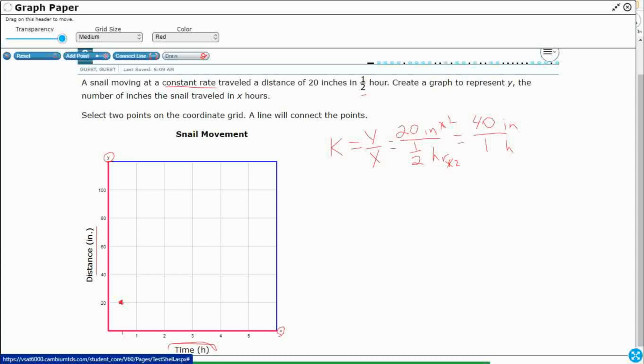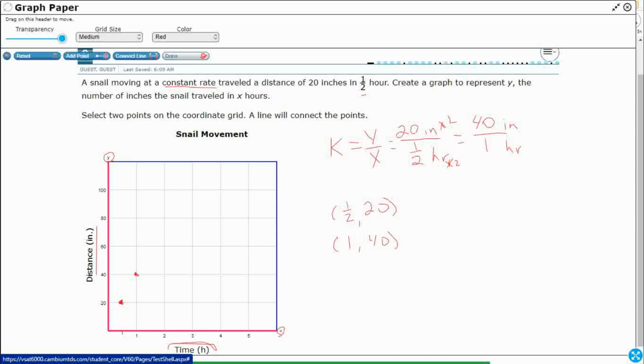So there we go. That's a little bit better, so we don't have a fraction in our denominator. You notice that first point that I plotted was an x of 1/2, a y of 20. The second one is going to be an x of 1 and a y of 40. Notice how I just doubled it. So there we go. I've got my 2 points, right?